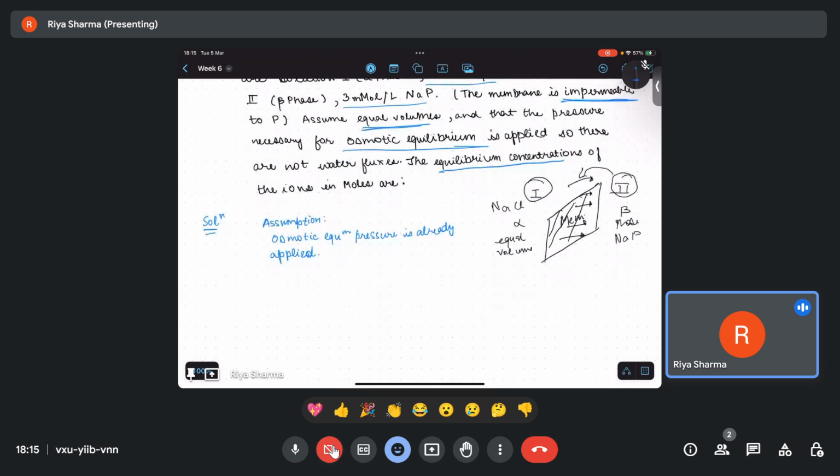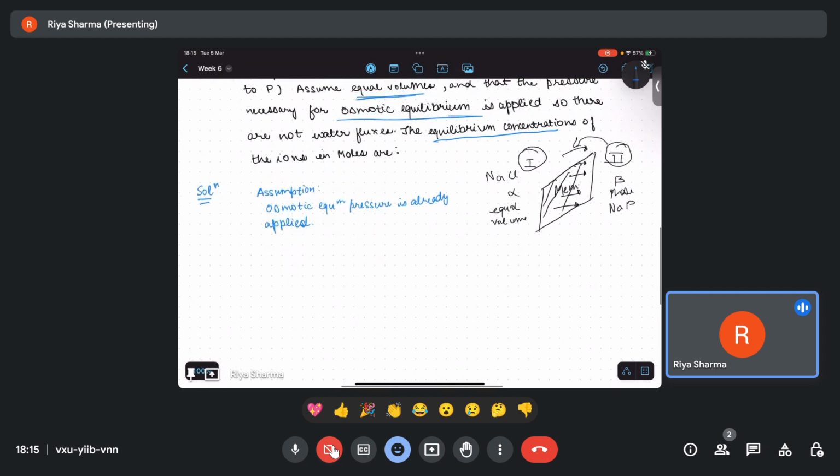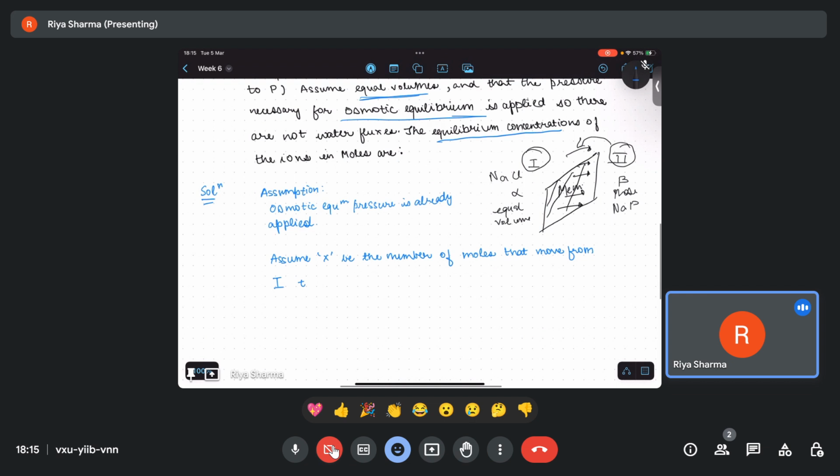So let us start again. Let X be the number of moles that move from 1 to 2.